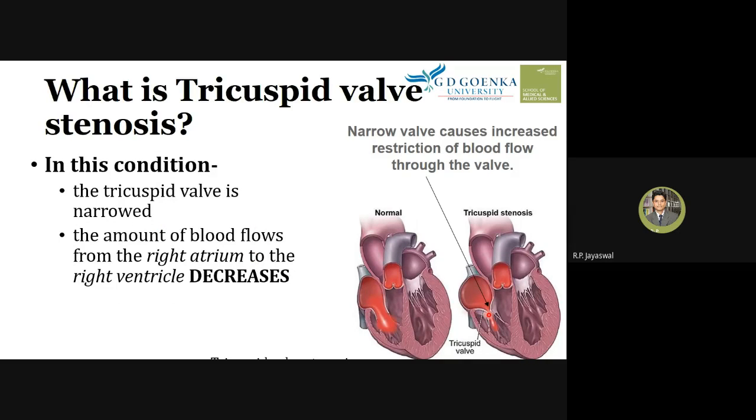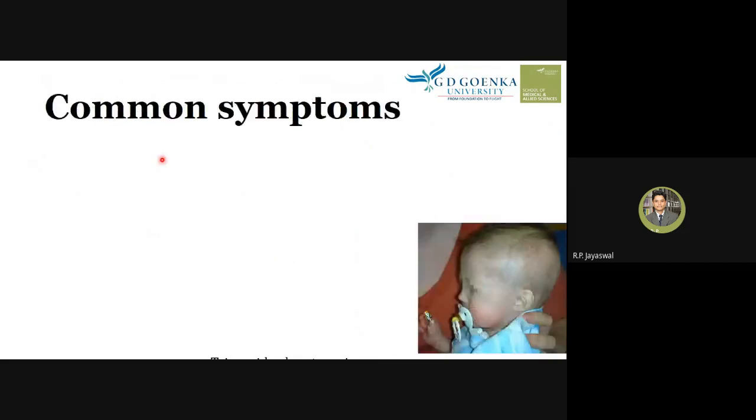The first thing is the valve becomes narrow, and the second thing is the amount of blood which flows from the right atrium to the right ventricle decreases. So the right ventricle gets very little blood. This condition is called tricuspid valve stenosis.